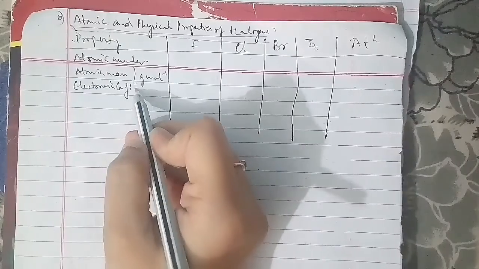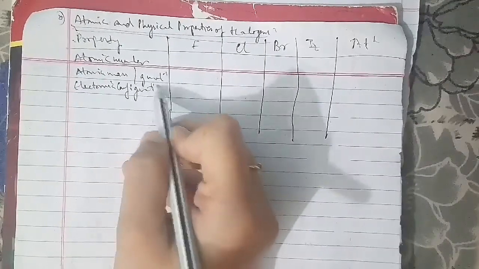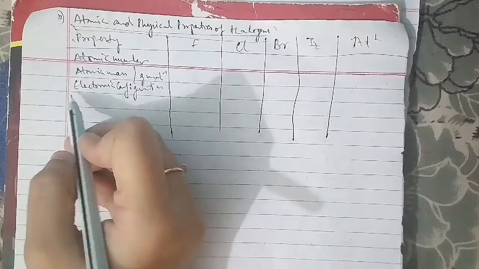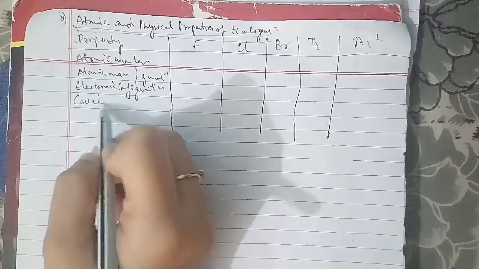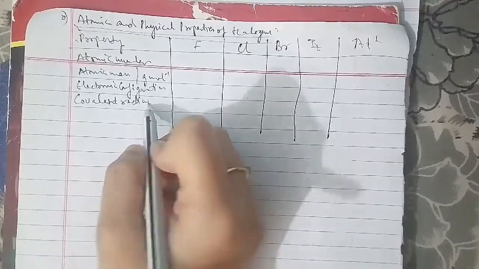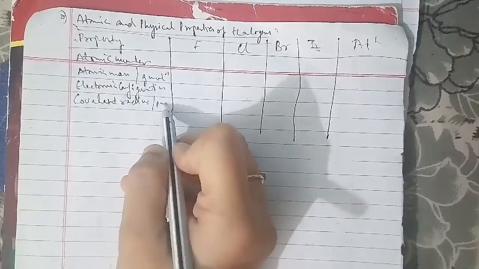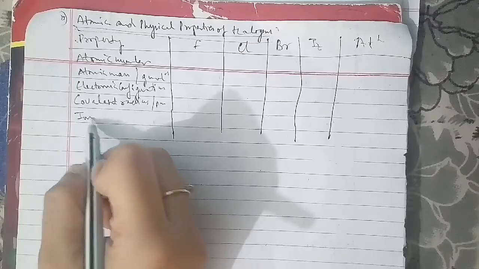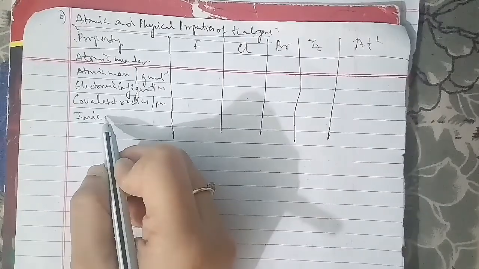The next is your covalent radius, that is in pm, and then ionic radius, which is X minus in pm.